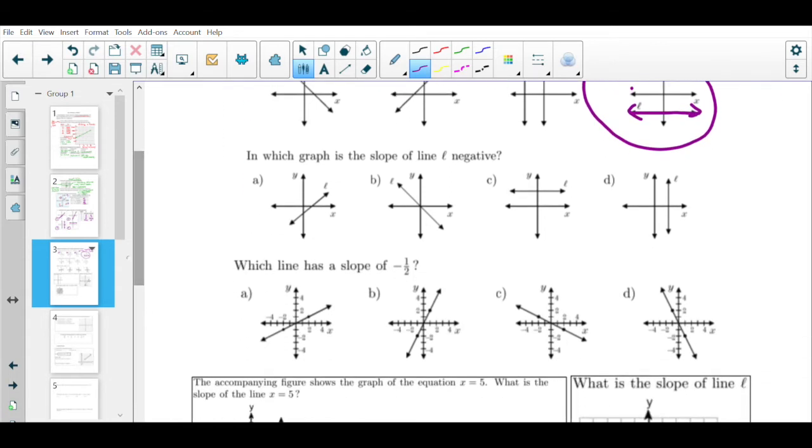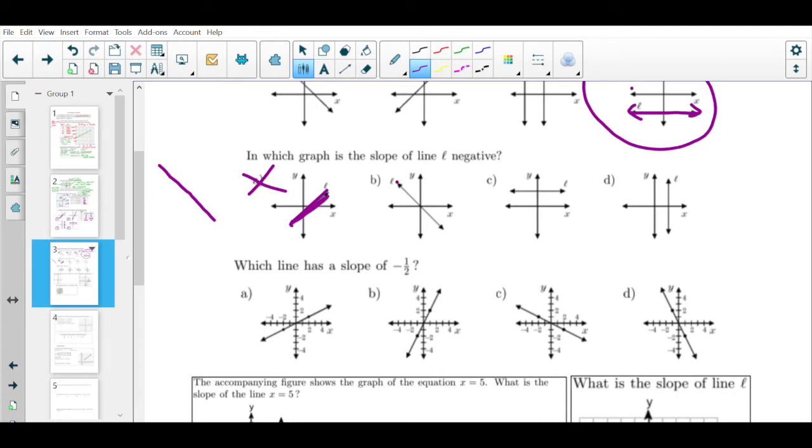In which graph is the slope of line L negative? A negative slope going from left to right slopes downward, kind of like negative stock market performance, right? Your prices are going down. So let's look for a slope that is going down from left to right. This is going up, so it's not this one.